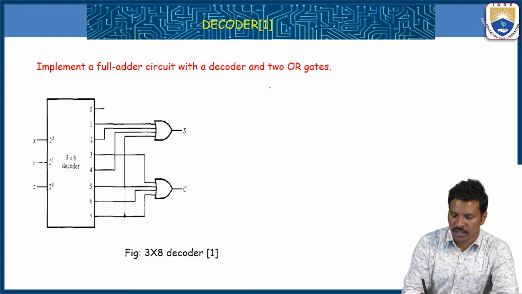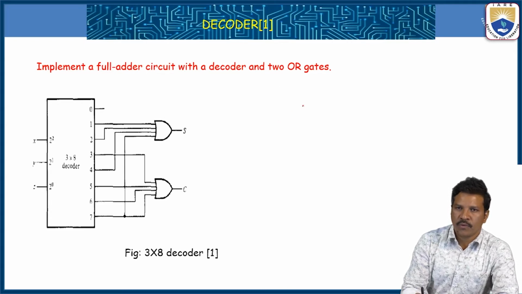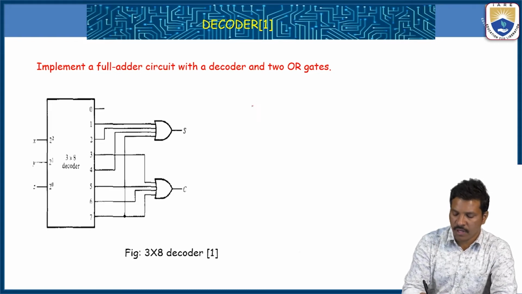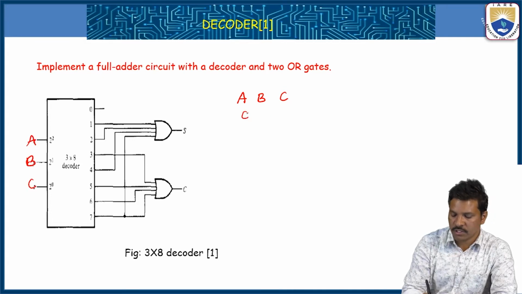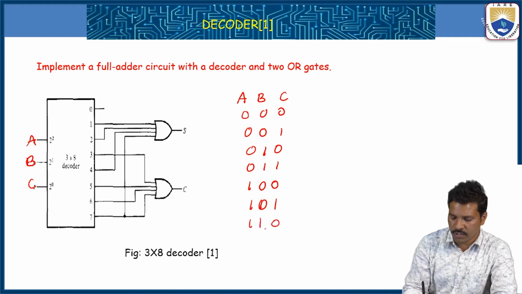We know that if you take the full adder circuit, with the help of a Boolean function or a truth table, we can directly draw this diagram. If you see this truth table, A, B, C are the inputs: 000, 001, 010, 011, 100, 101, 110, 111 are the combinations of input.